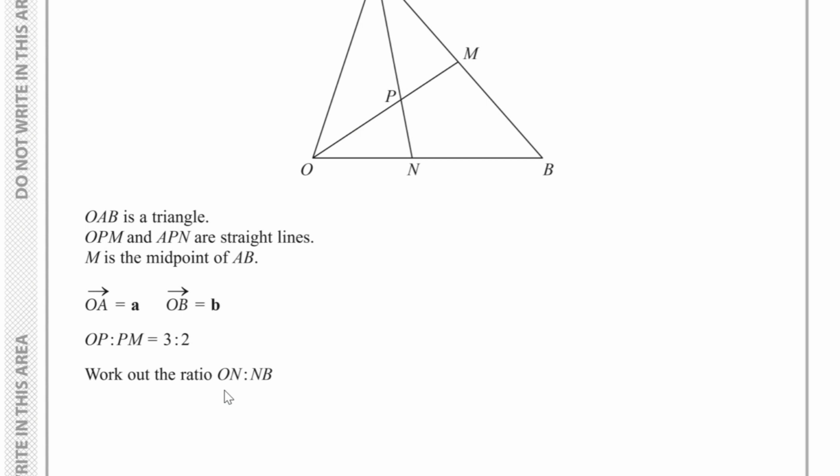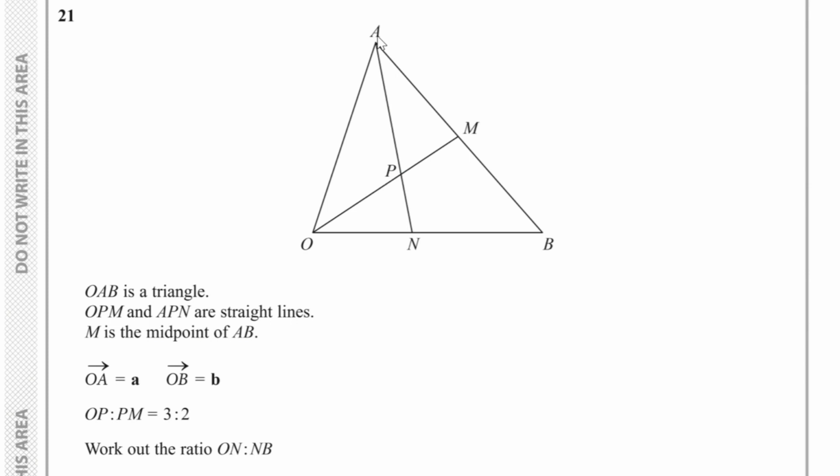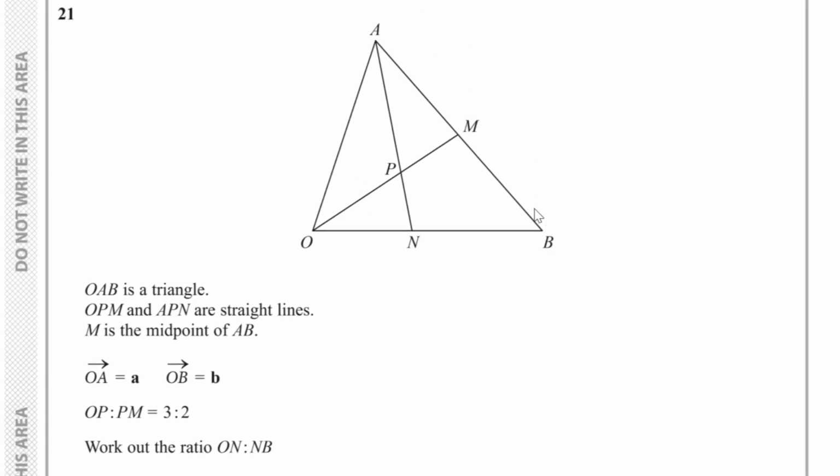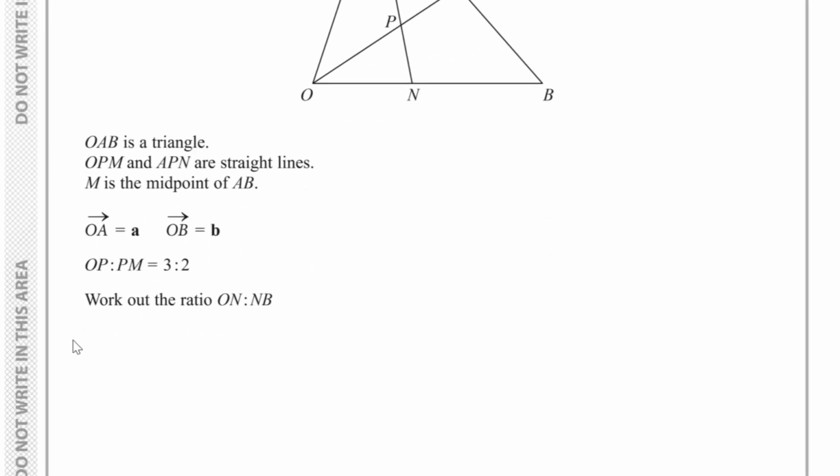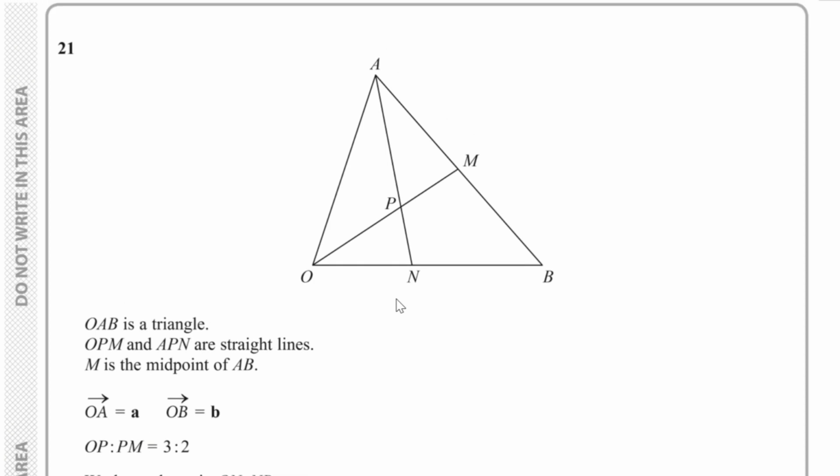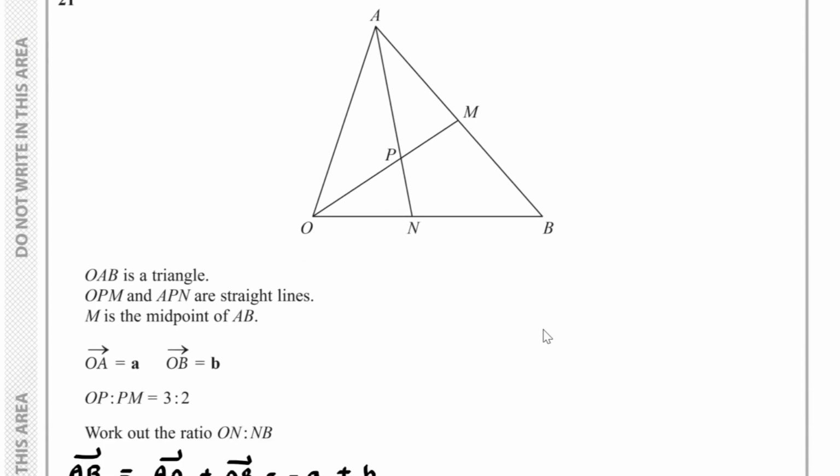Now, we can find various different vectors over here before we do anything else. We can find the vector AB. If we were to find the vector AB, that's equal to the vector AO plus the vector OB. So we have minus A plus B as the vector AB.